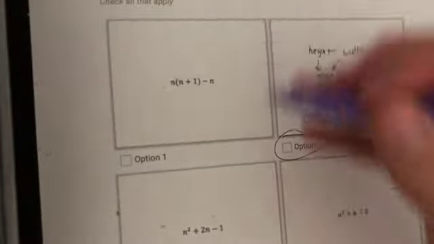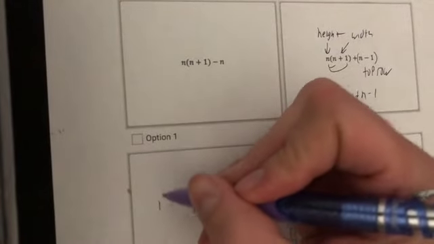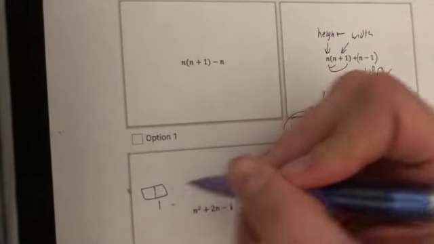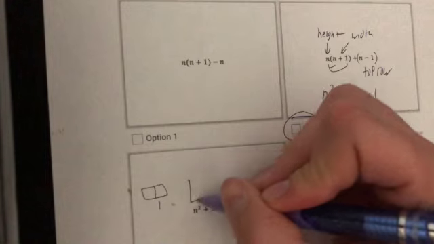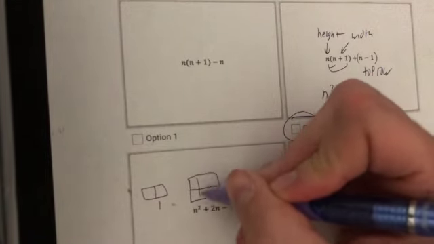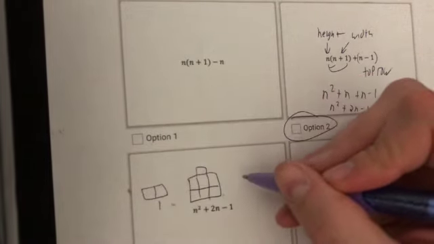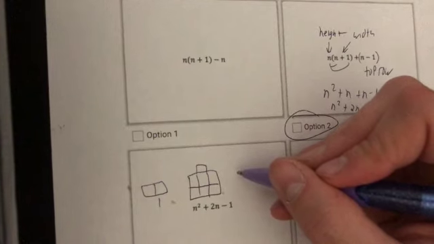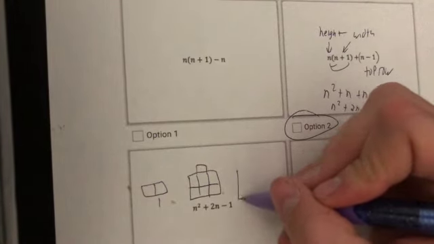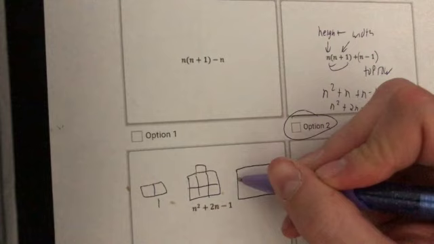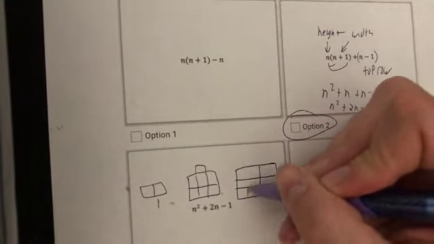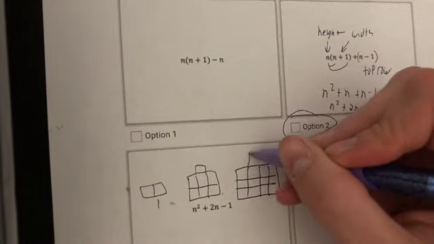And just real quick, where do I see the n squared plus 2n minus 1 up there? So let's see, in step 1, I have just 2 blocks. In step 2, I have a 3 by 2 and 1 up top. And in step 3, I have a 3 by 4 and 2 on top.